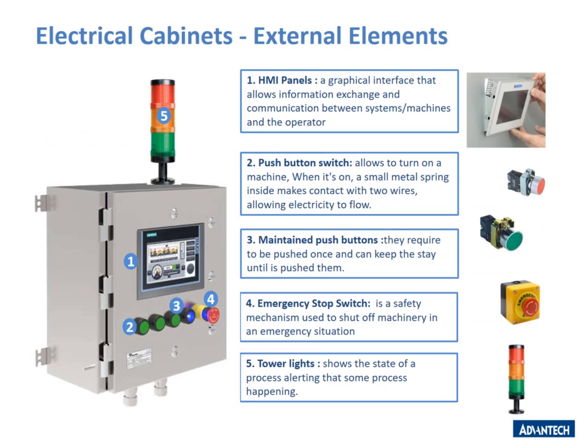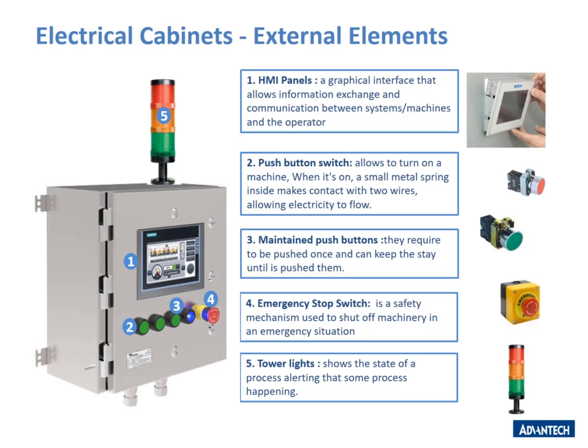External elements of an electrical cabinet. 1. HMI panels is a graphical interface that allows information exchange and communication between machines and the operator. 2. A push-button switch allows to turn on and off a machine. When it's on, a small metal spring inside makes contact with 2 wires, allowing electricity to flow. 3.